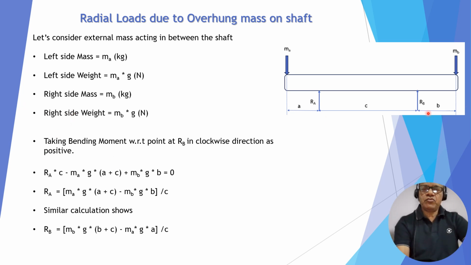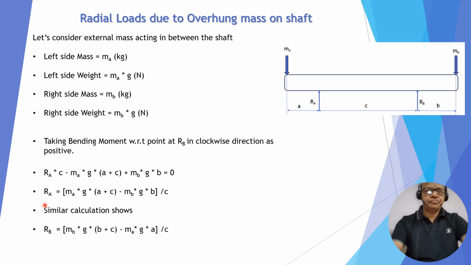Again taking the bending moment about bearing B with clockwise positive, Ra into C is positive, but Ma into g into A plus C is negative, and Mb into g into B is positive, and the total is 0.